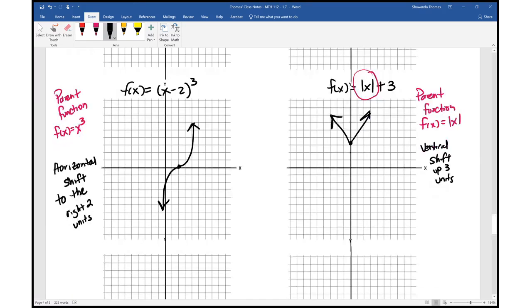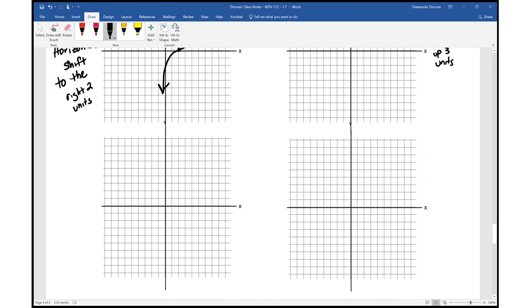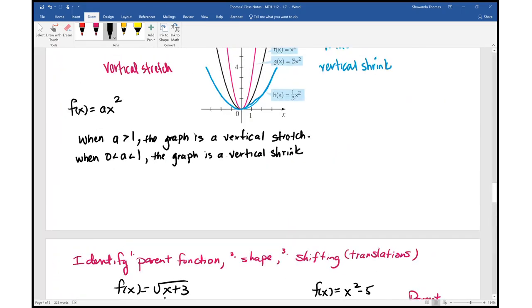All right, what about if I gave you f of x equals 5 times the absolute value of x? We don't have a plus c on the outside. We have 5 times. So again, we go back up here when we have an a times the parent function.